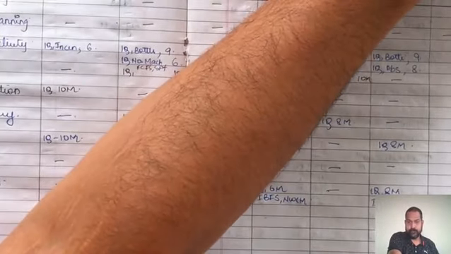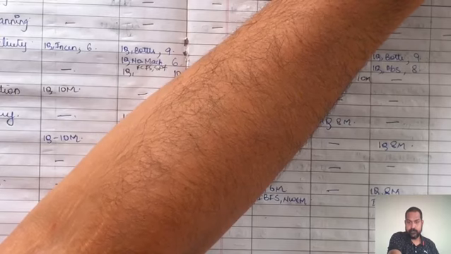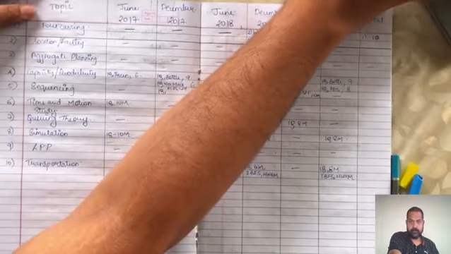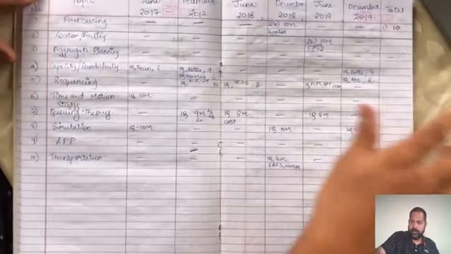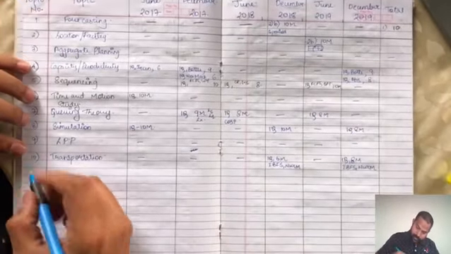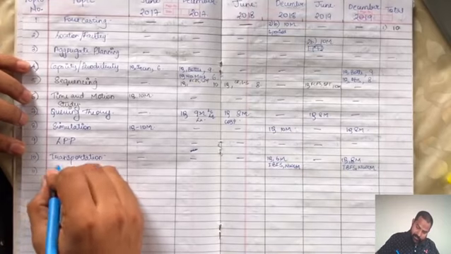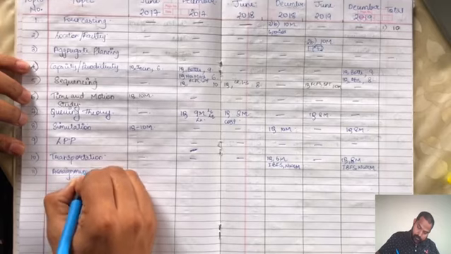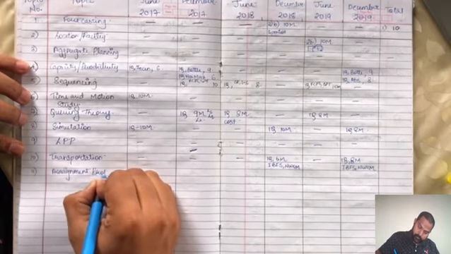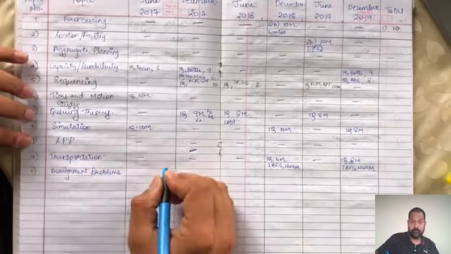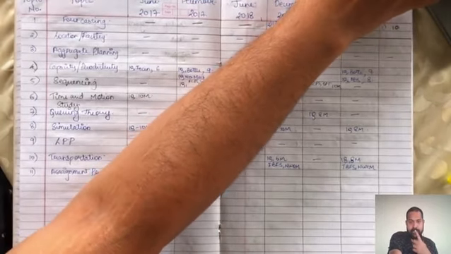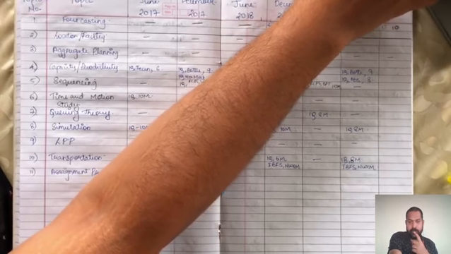So here we have the next chapter, and the next chapter I'm calling 11 is assignment problems. Let's begin with the first question paper, and that is the June 17 question paper.